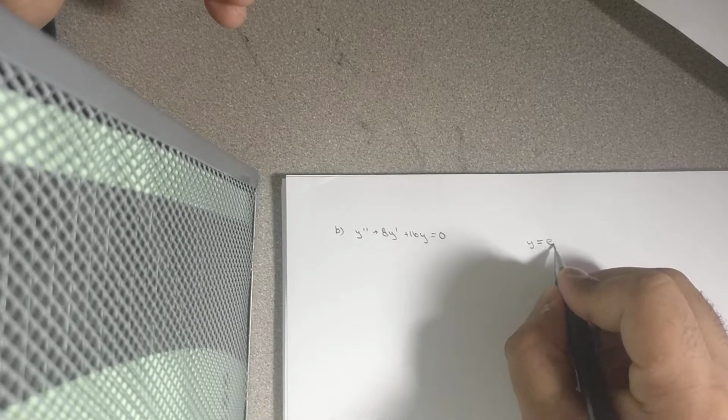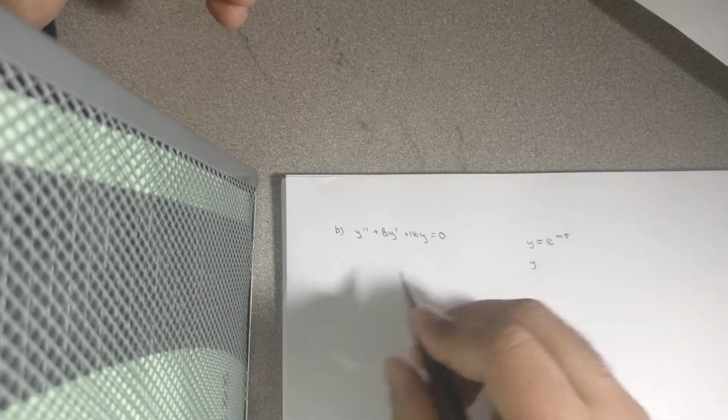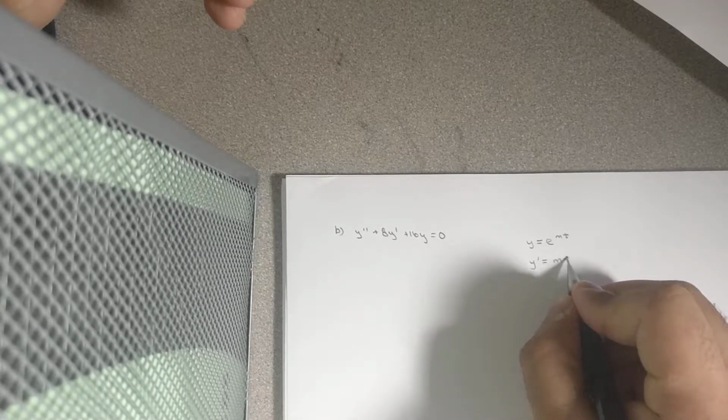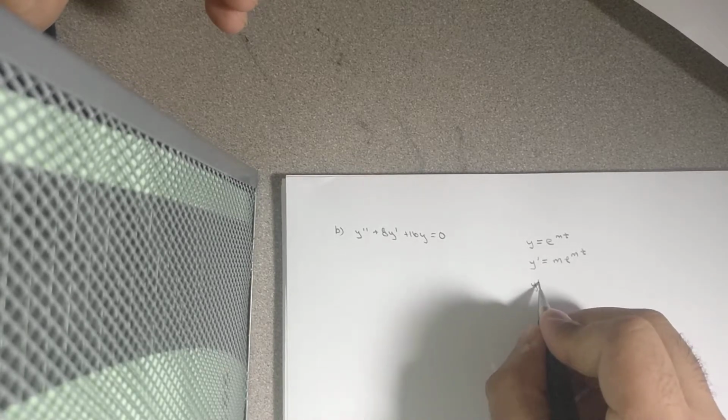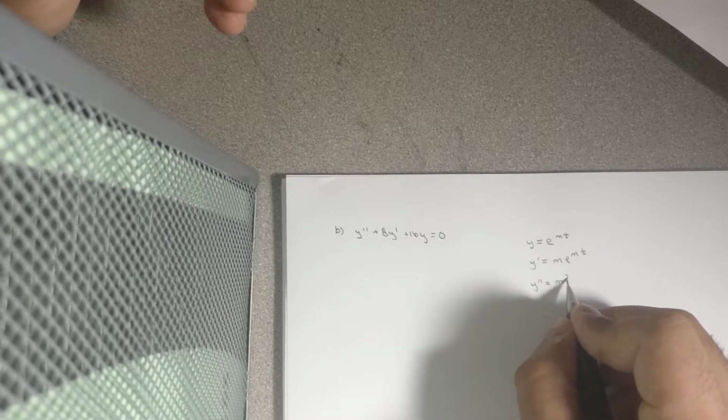So y equals e to the mt, y prime equals m e to the mt, and then y double prime equals m times m, which is m squared e to the mt. And these are solutions that we can plug into our original homogeneous differential equation to solve for the roots. And this time around, we might encounter some distinct roots, or we might have some complex roots, which we're going to discuss in other videos.